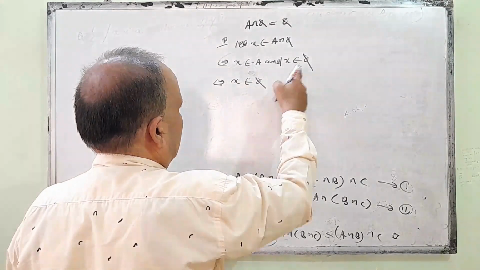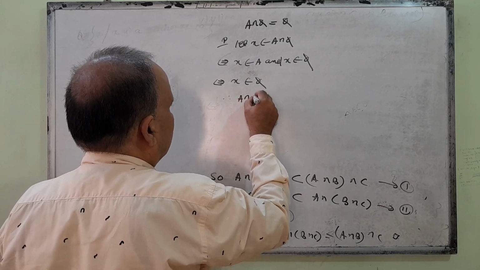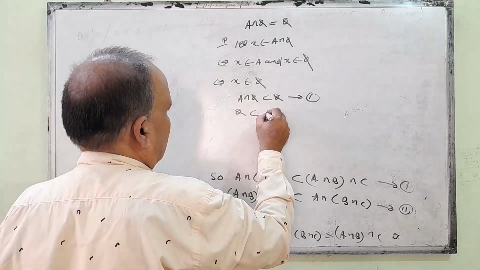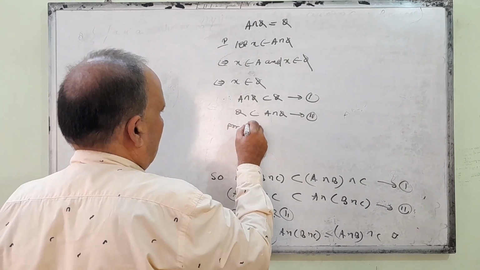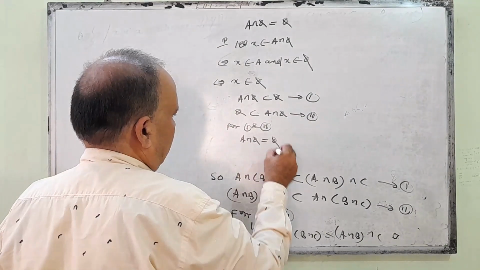So we can say x belongs to phi. So A intersection phi is a subset of phi and phi is a subset of A intersection phi. From 1 and 2 we have A intersection phi is equal to phi.